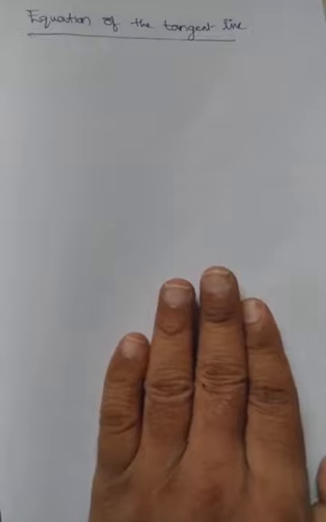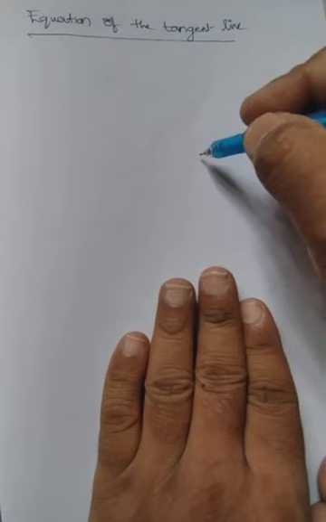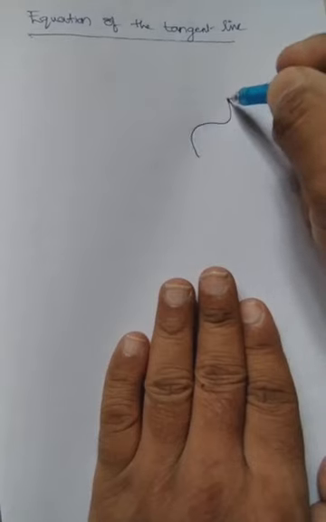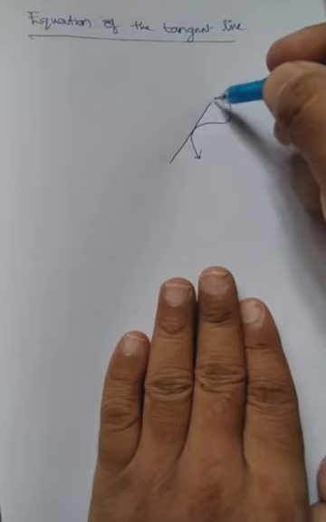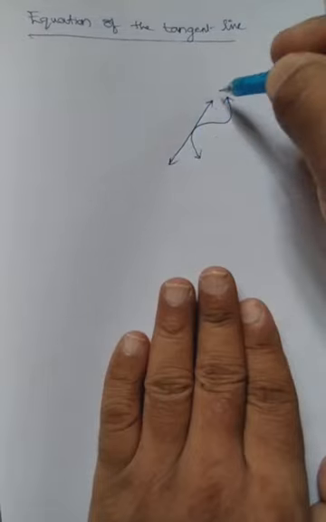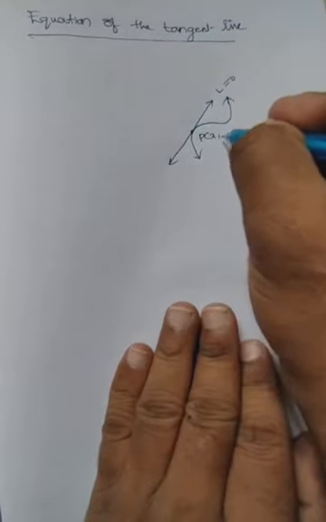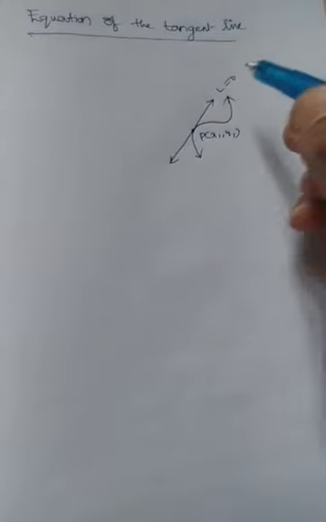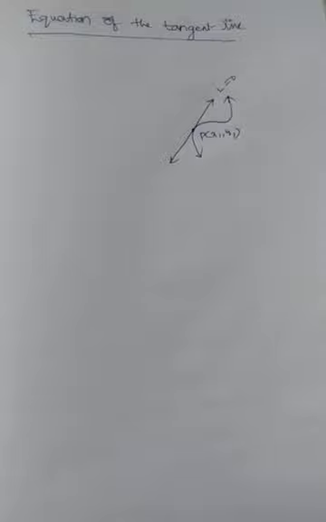So let us suppose this is our curve, and this is the tangent line L equals 0 at the point P of x1 comma y1. Now we have to find the line equation L equals 0.